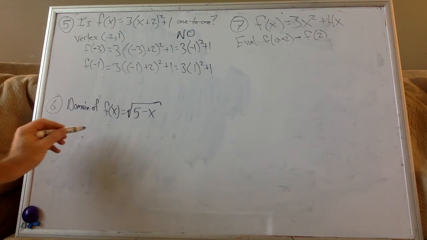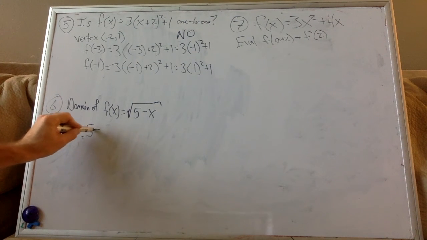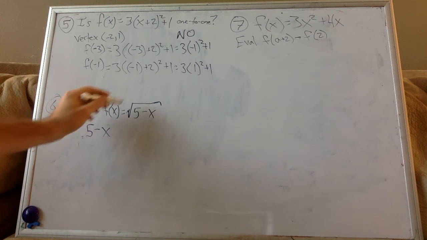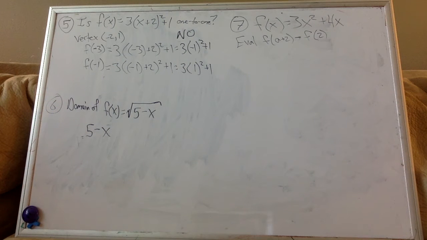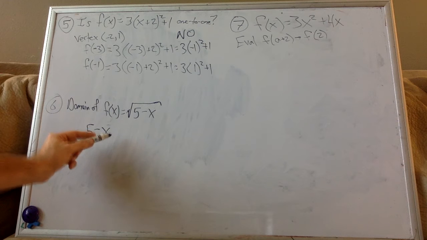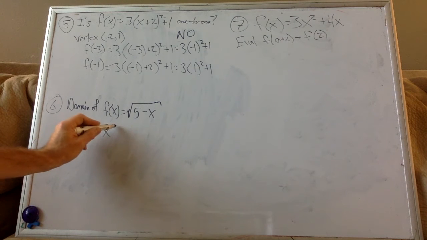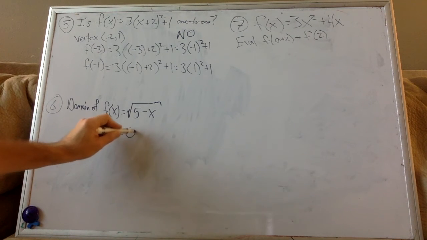So what I just said is that I want the part inside that has the root taken to be not negative. Not negative means it's greater than or equal to 0.